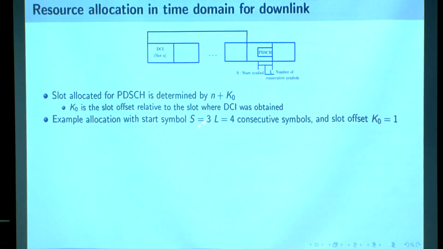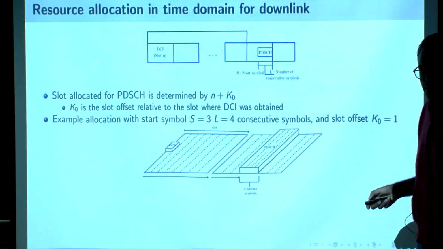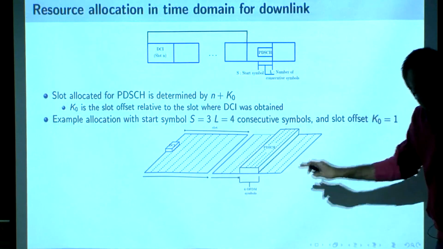Data is going to begin at S equal to 3 and go on for L equal to 4 symbols. It will look like this. DCI is sitting somewhere here. The user will decode its DCI, which is not an easy job; we'll see that also.